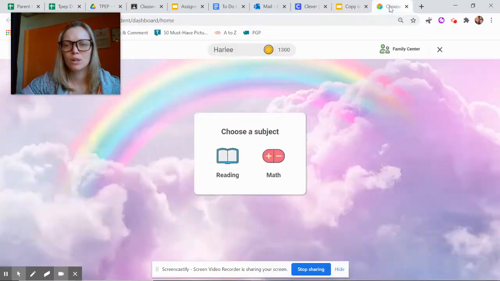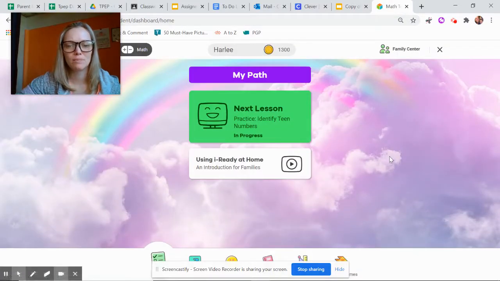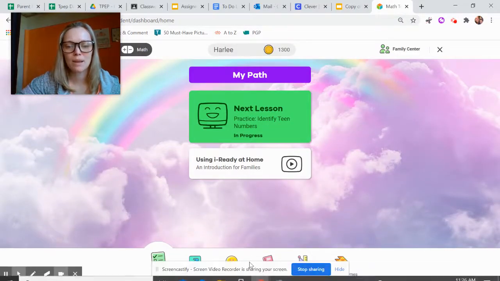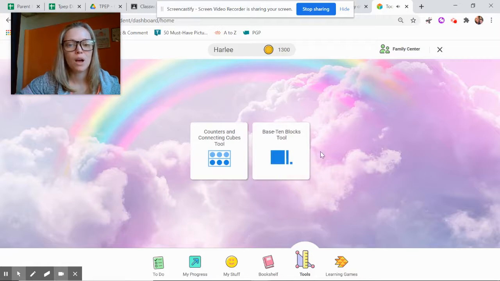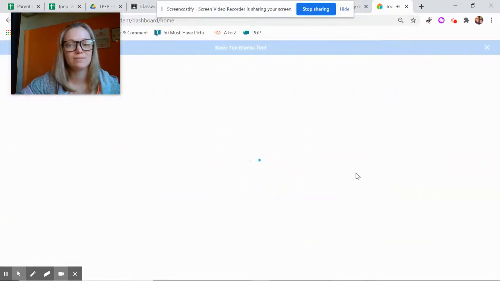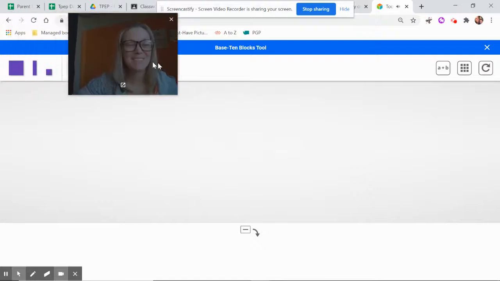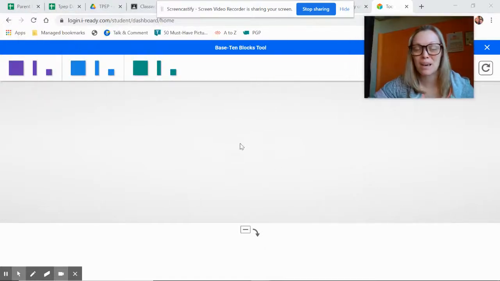is you can go on to your iReady Math, and down at the bottom, you'll see tools. On the tools, you can use counters or base 10 blocks. I would use this to build the amount of apples. So you could do blue for Nora's apples, and you could do green for Nick's apples.